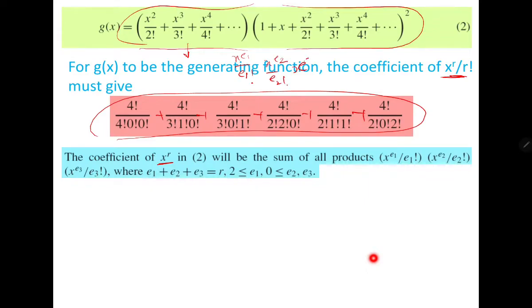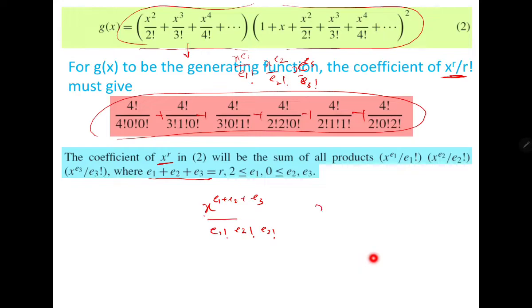From the third bracket I will get x raised to the power e3 by e3 factorial, provided e1 plus e2 plus e3 is r, e1 is greater than or equal to 2 and e2, e3 are greater than or equal to 0. It means this looks like x raised to the power e1 plus e2 plus e3 divided by e1 factorial, e2 factorial and e3 factorial.